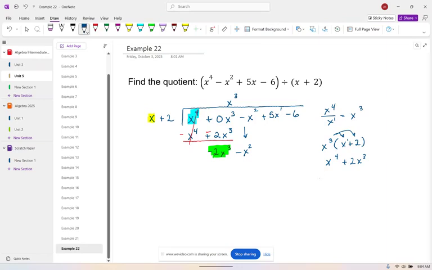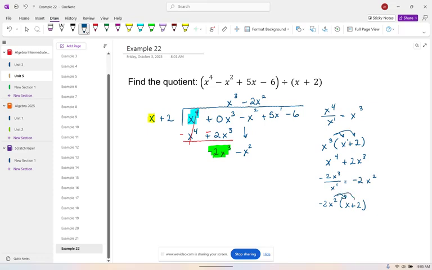Negative 2x to the third divided by x is negative 2, and 3 minus 1 is 2, so we have x squared. So we have minus 2x squared.